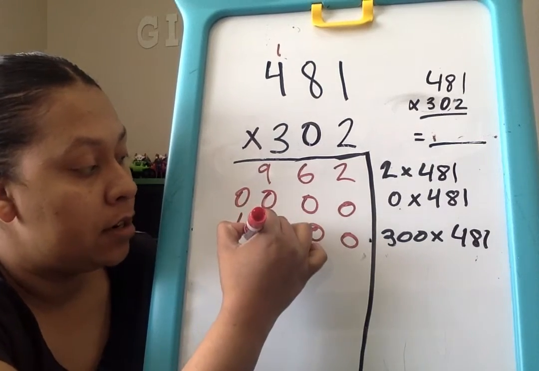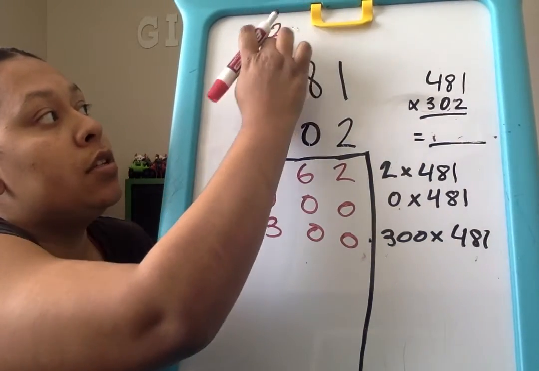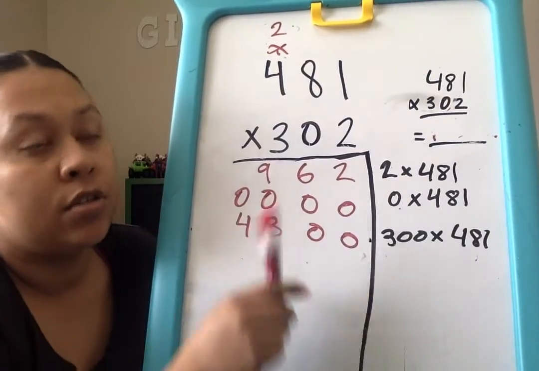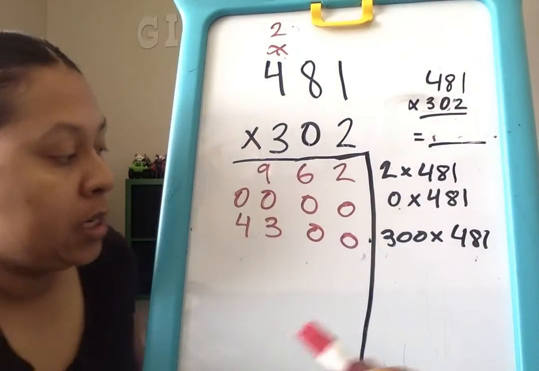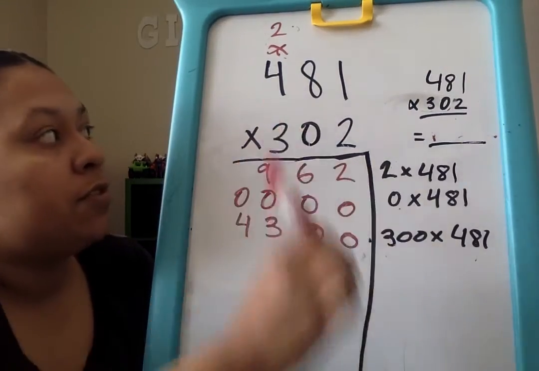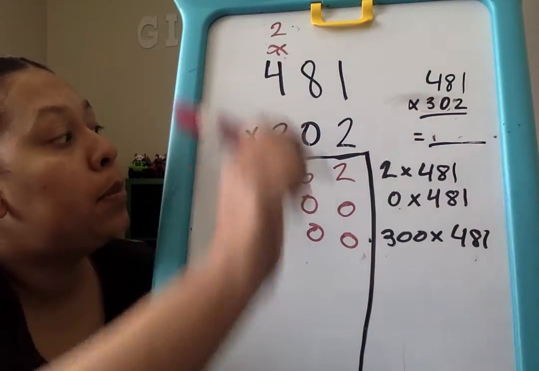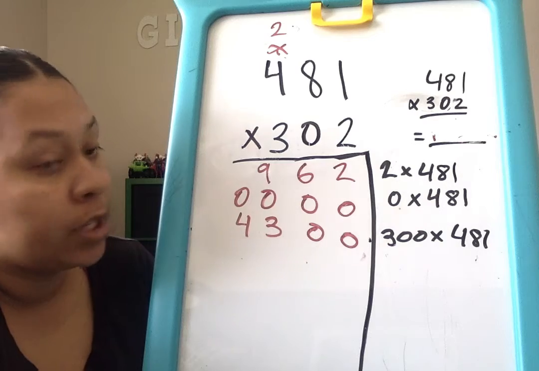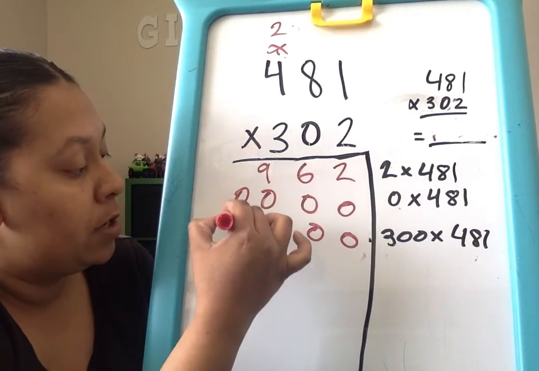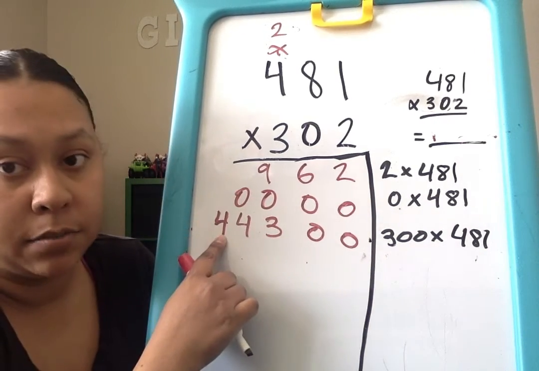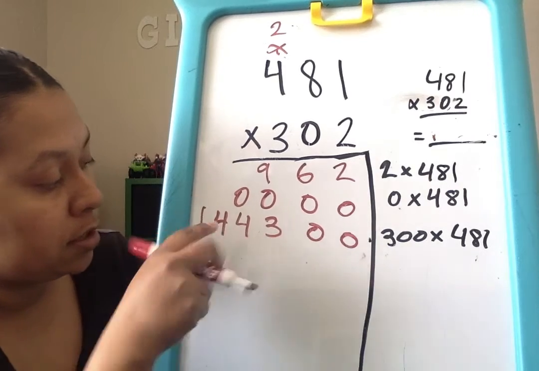So 4 here, carry the 2 into the 100 place. Make sure you don't use that 1 anymore. So now 3 times 4 is 12. 12 plus 2, 14. So 4 here in the 10,000 place, and then 1 over here.